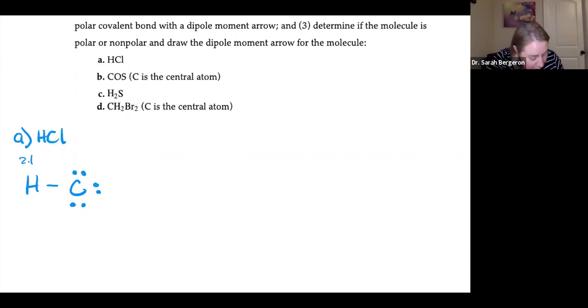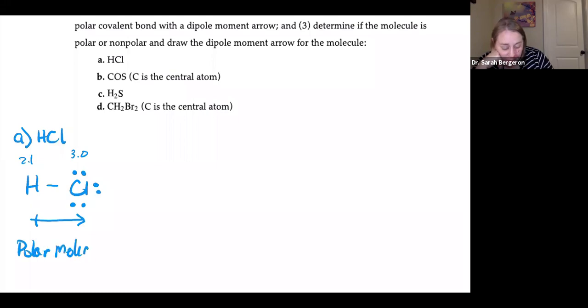I know that my Cl, not carbon, Cl is 3.0, right? So I'm going to point at my more electronegative atom, right? So here's my bond polarity. Well, in this case, my bond polarity and my molecular polarity is the same because this is a simple molecule with only 2 atoms. So I can say that this is a polar molecule, right? All right, let's try another one.